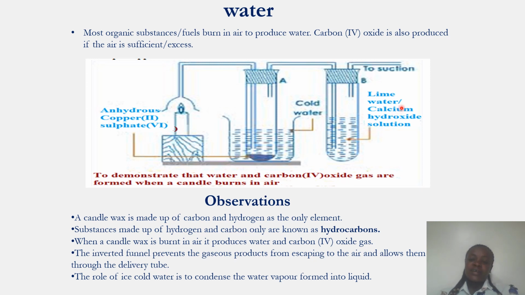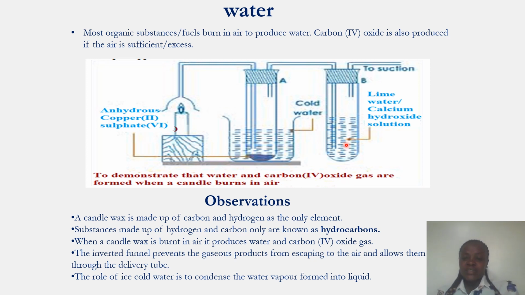Then it will react with lime water or the calcium hydroxide solution to form a white precipitate of calcium carbonate. Calcium carbonate is insoluble in water, so it will be a white precipitate. A white precipitate, we said it's a milky substance. Yes, it looks like chalk.